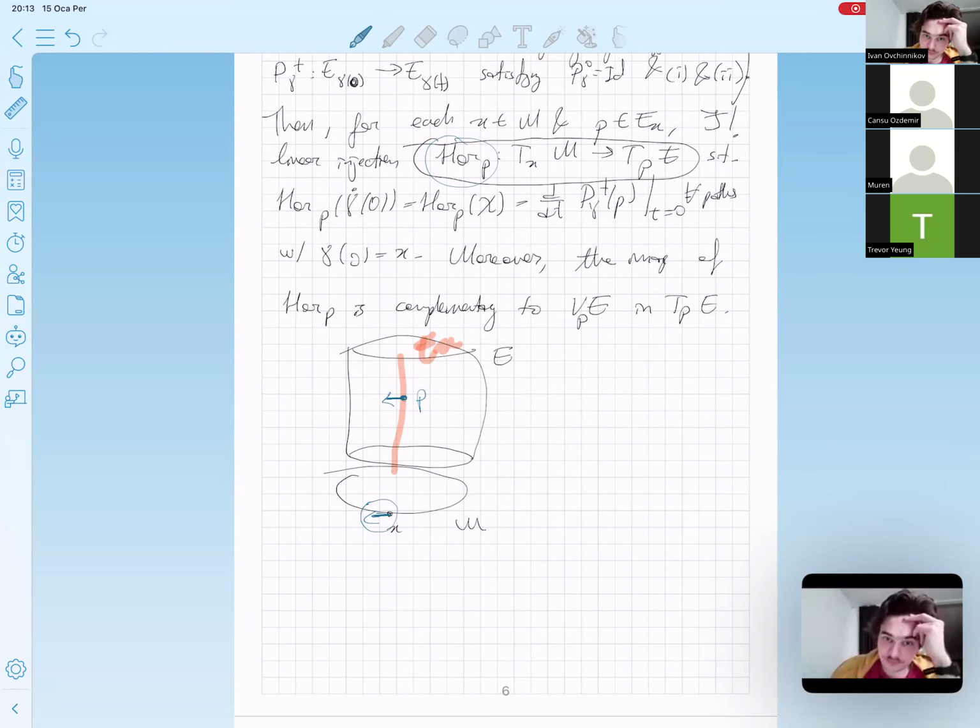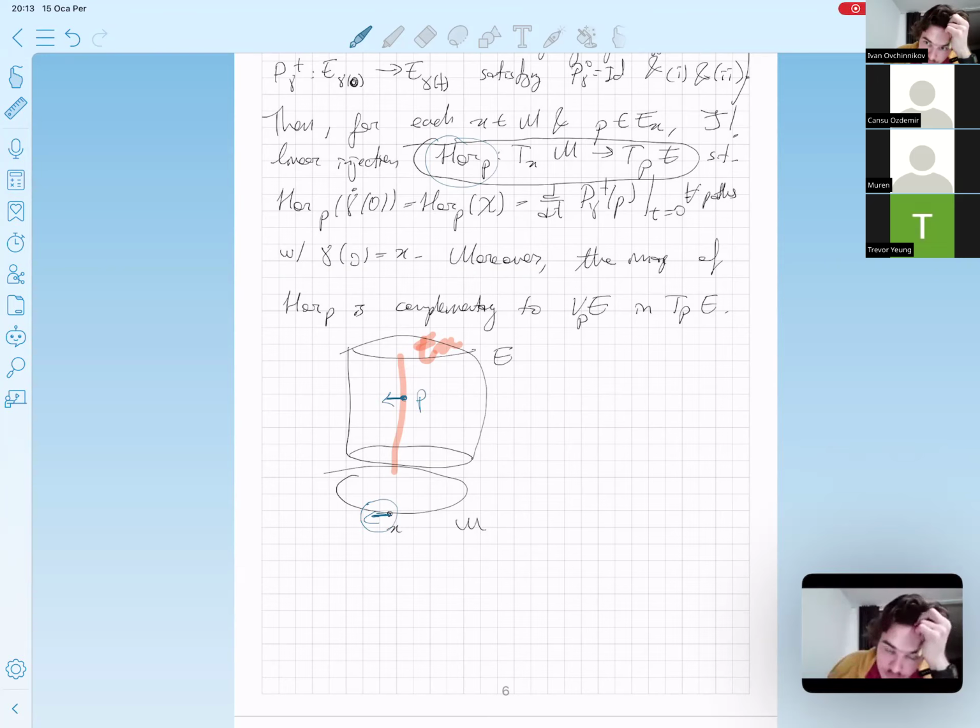Now here comes a such that, so this is X, and this is what X is taken to with hor P. This is equal to this, the derivative of the parallel transportation.